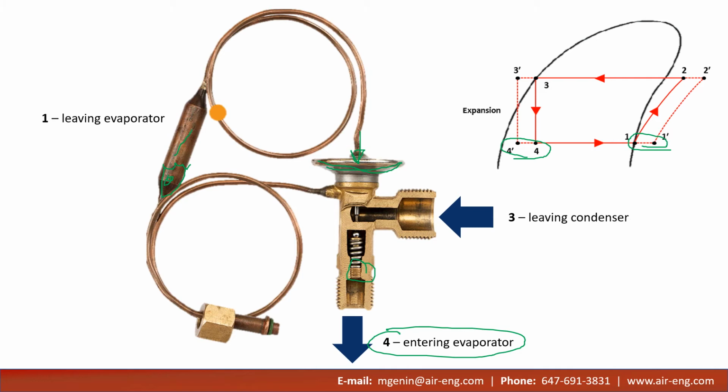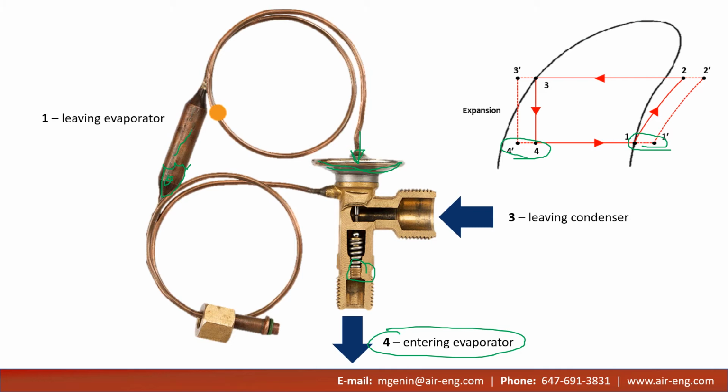So it is the difference between the refrigerant in this bulb acting on the diaphragm and the pressure at point 4 that are going to determine how much refrigerant is metered by this valve.